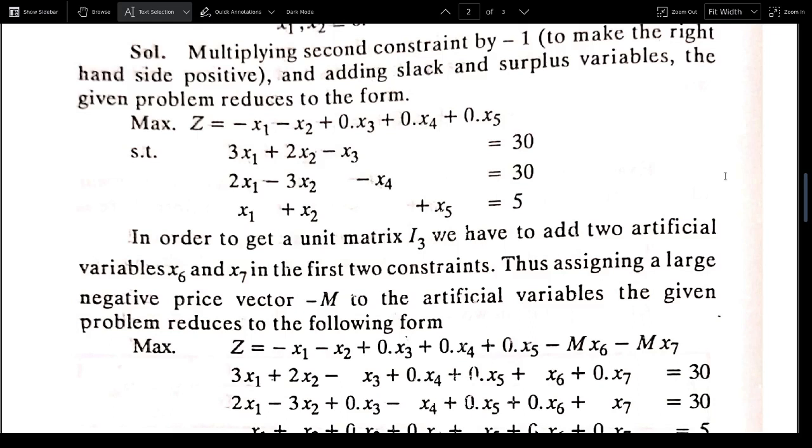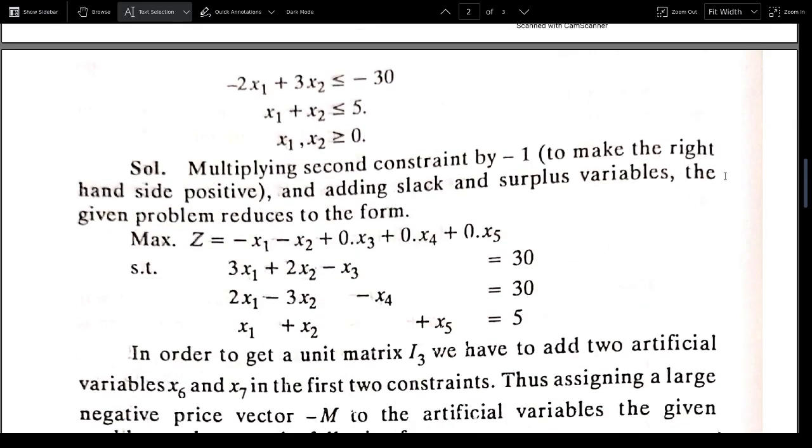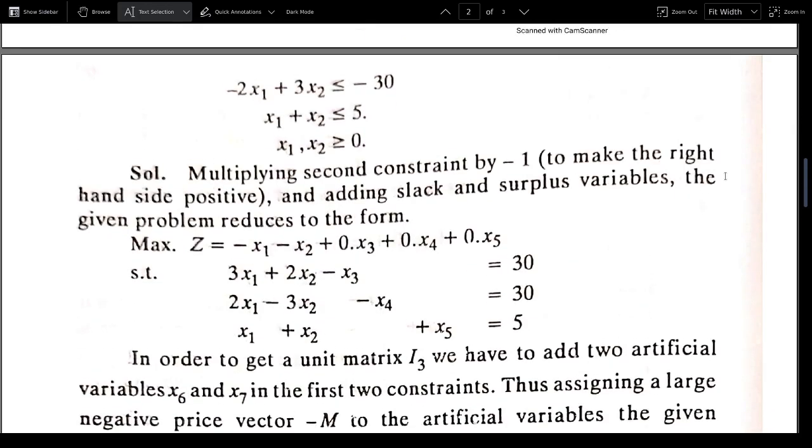Here the second constraint has a negative constant part, so we multiply both sides by -1 to make it positive. Then minus twice x1 will be plus twice x1, minus 3x2 will be plus 3x2, greater than or equal to 30.